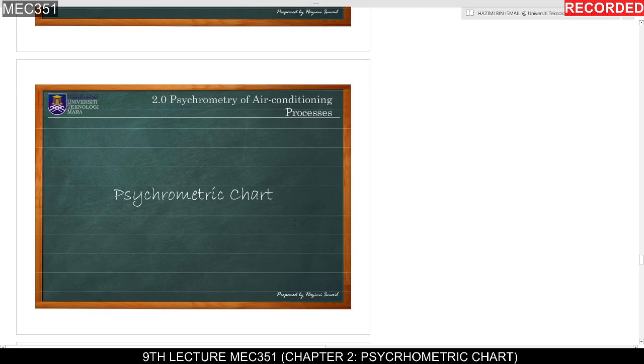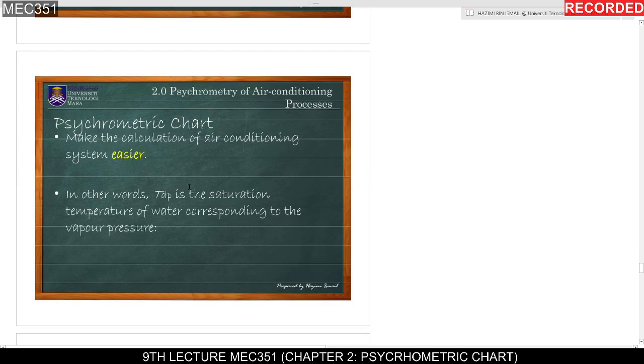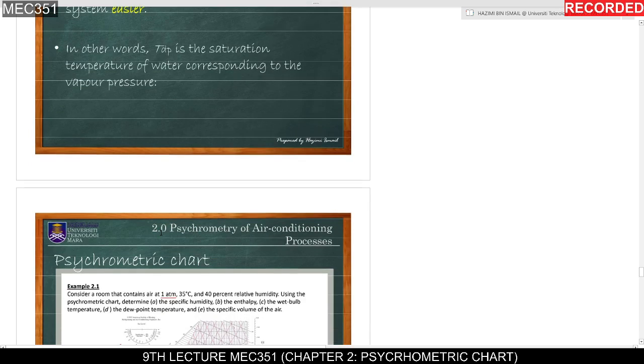So now we continue with the psychrometric chart. The psychrometric chart is purposely used to make the calculation of air conditioning systems easier. In other words, TDP is the saturation temperature of water corresponding to the water vapor.